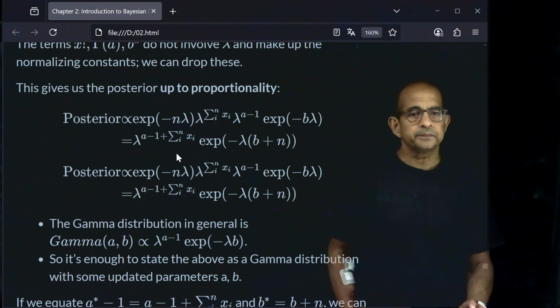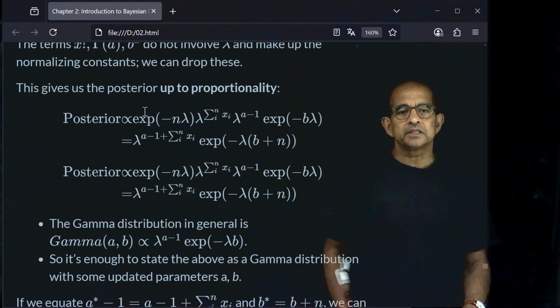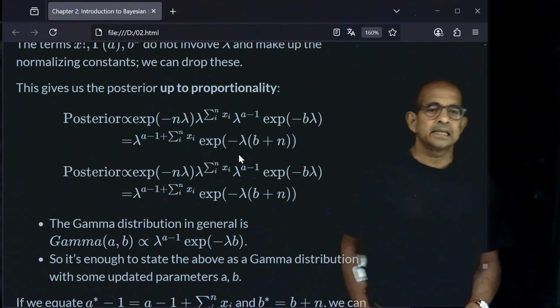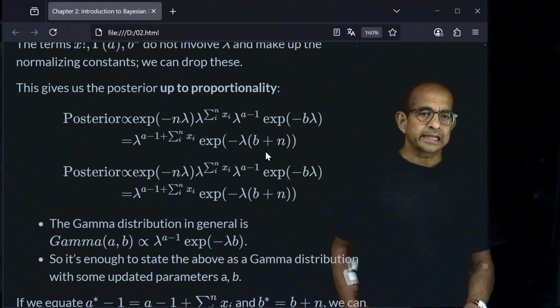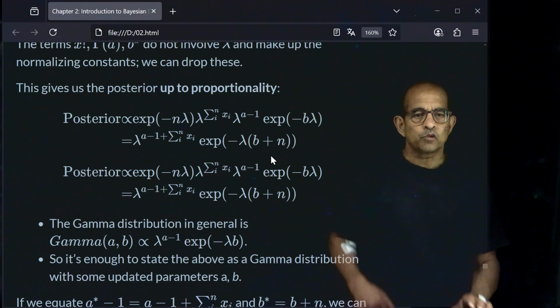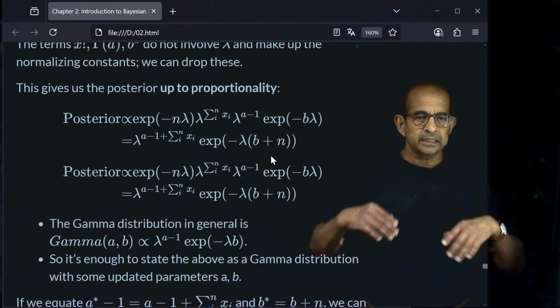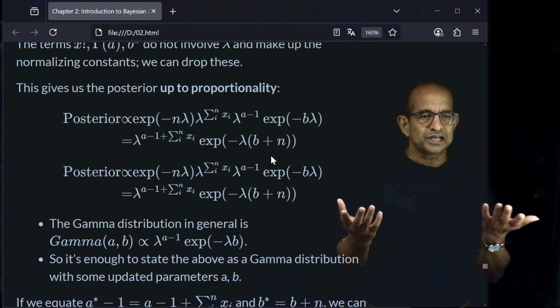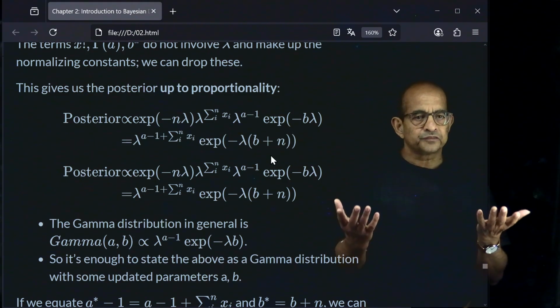That's all, right? Similarly, for the exponents, I have minus n lambda here in the likelihood, and in the gamma distribution, I have exponent minus b lambda, right? So if I put together those two terms, I could just rewrite them as exponent minus lambda times the quantity b plus n. The reason I did that is because I want to write out the equation in a way that is expressing the kernel of the gamma distribution.